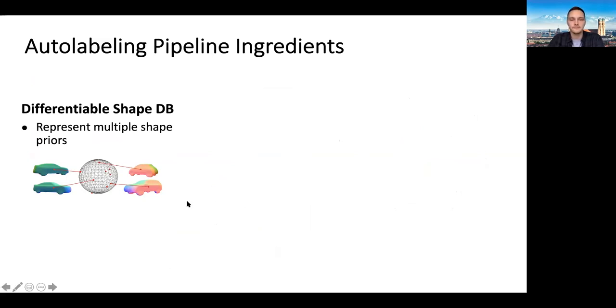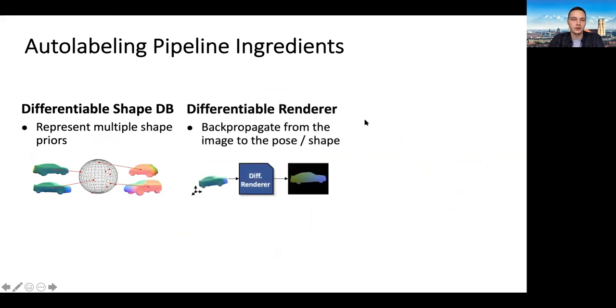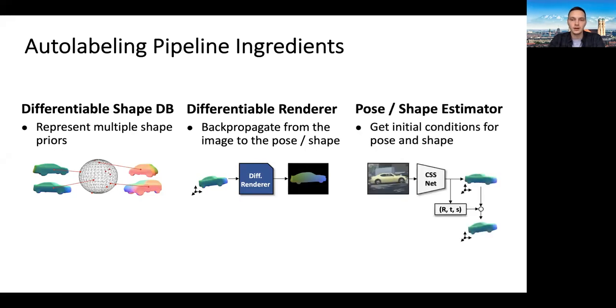The next component would be a differentiable renderer, such that we can reason about the shape from the 2D image. And the third component is the initial pose and shape estimator, to allow us some sort of optimization. So we can say, okay, this car is approximately there in terms of translation and rotation, and it looks approximately like this, and then we can refine the results.